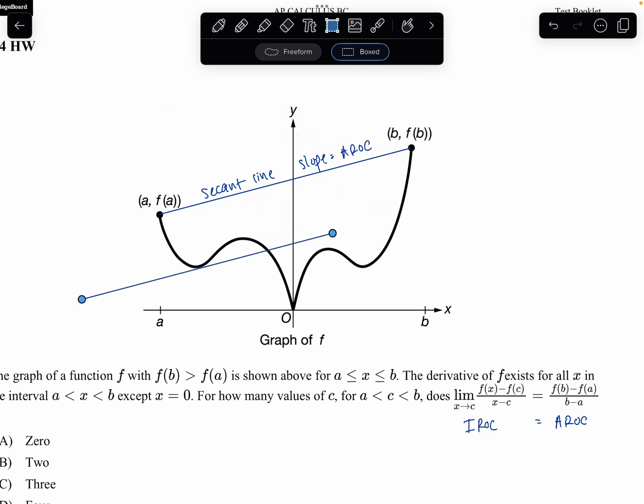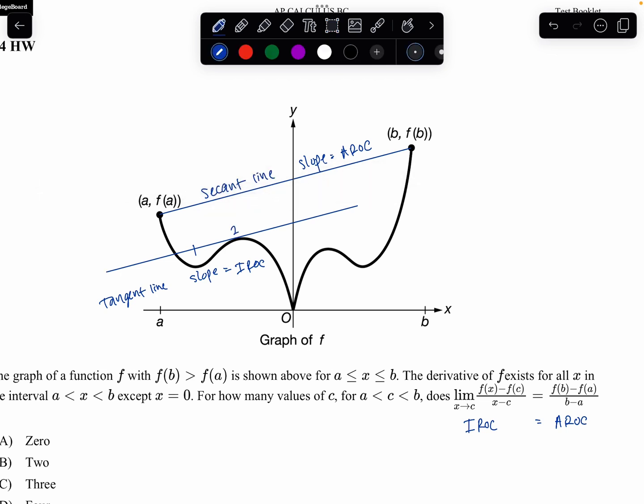If I have a tangent line right here, this is a tangent line, and its slope is equal to instantaneous rate of change. So here's one instance where that's going to be the case. Oh man, right here would be another instance where that would be the case.